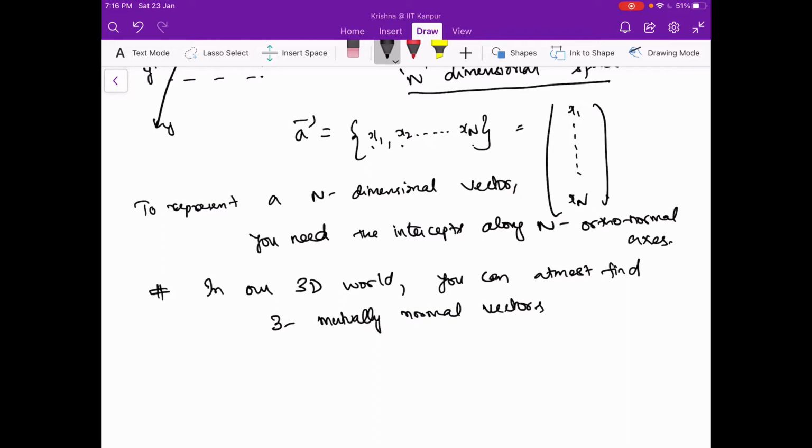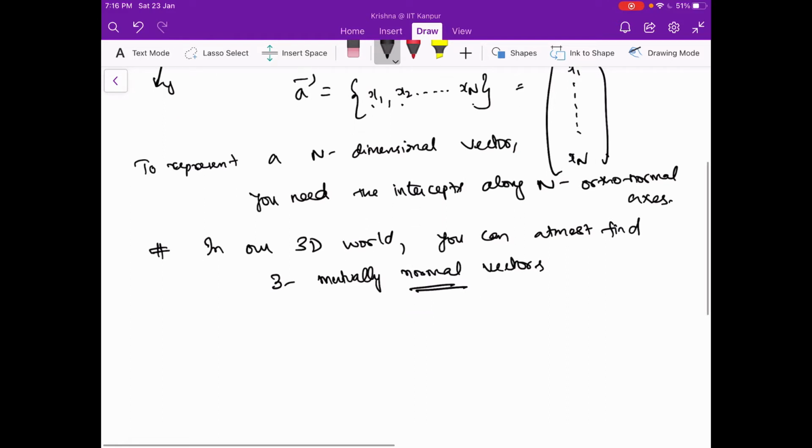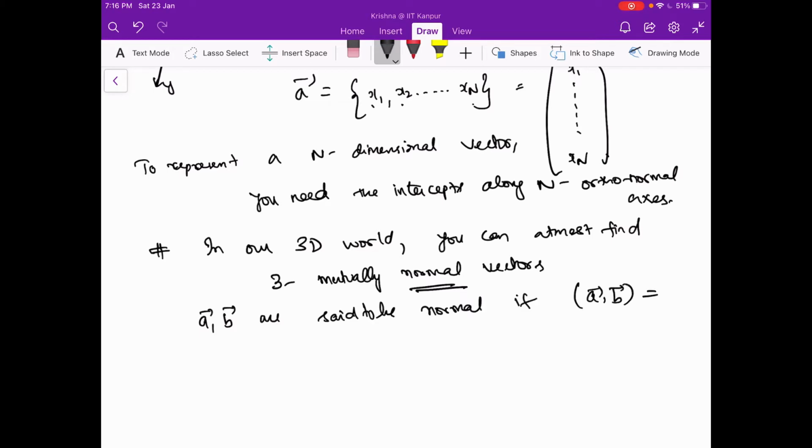I am already using the word normal because we have previously defined our inner product space. Two vectors a and b are said to be normal if their inner product, as defined by this, turns out to be 0.